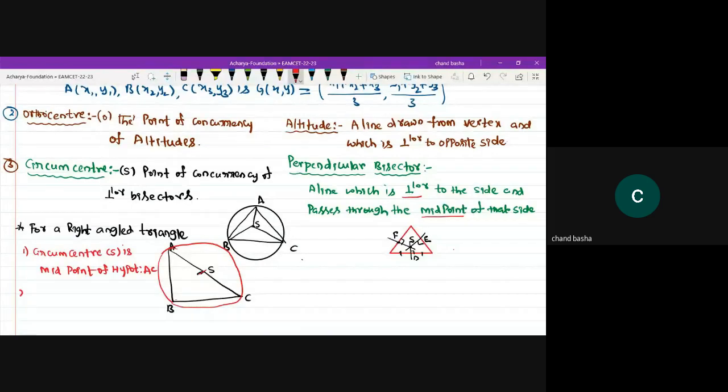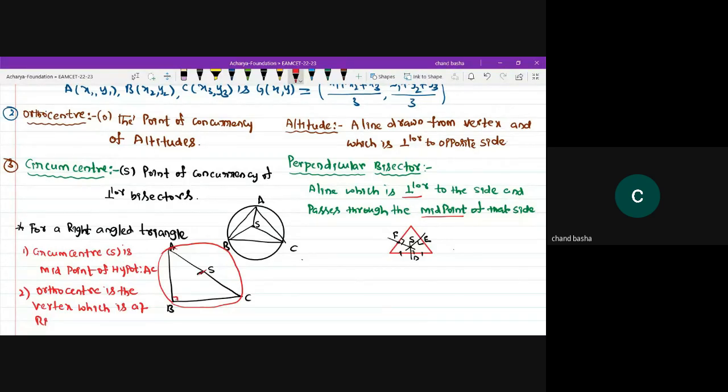The second point: what is the orthocenter? The orthocenter is the vertex where the triangle forms a right angle. The vertex which is at right angle, which has 90 degrees.